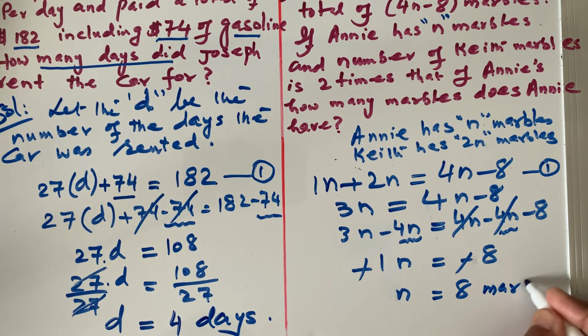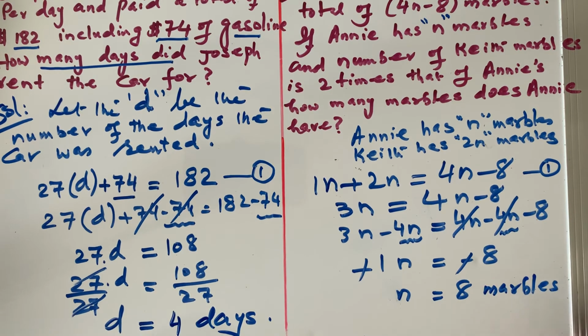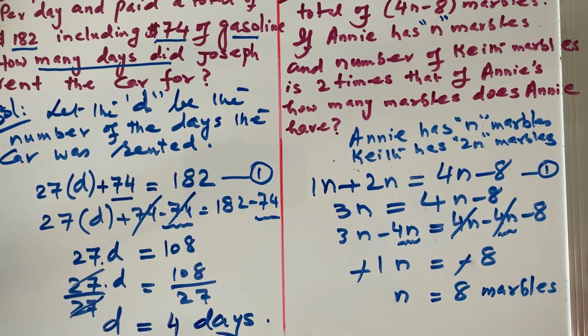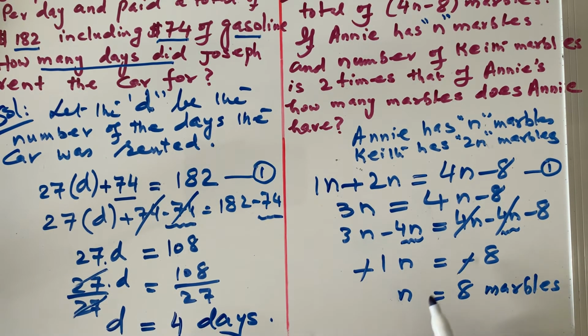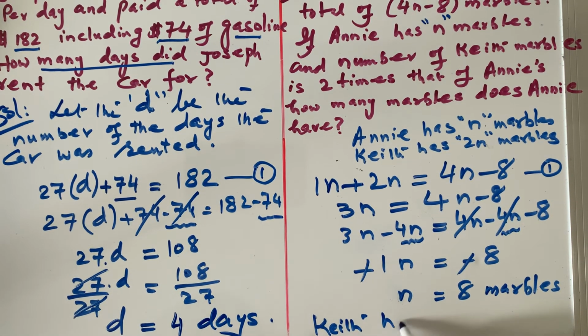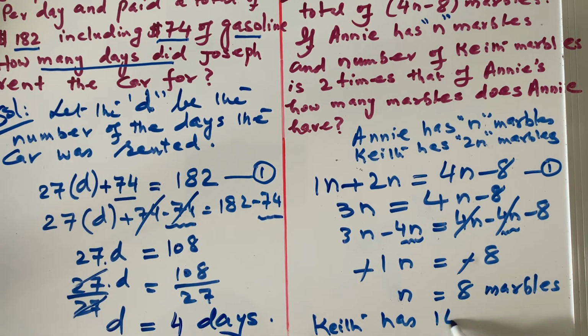He is not looking for what Keith has, but this question can ask how many marbles each girl has, right? Annie and Keith. So you will say Annie has 8 marbles, whereas Keith has 2n, right? So Keith has 16 marbles.